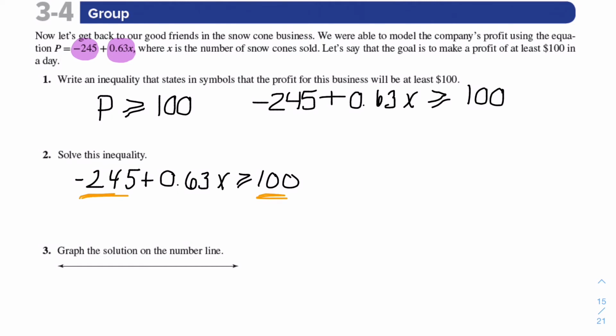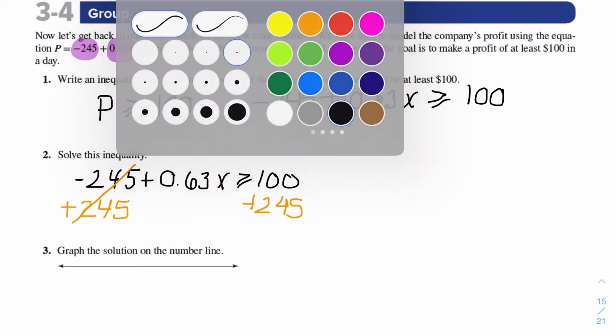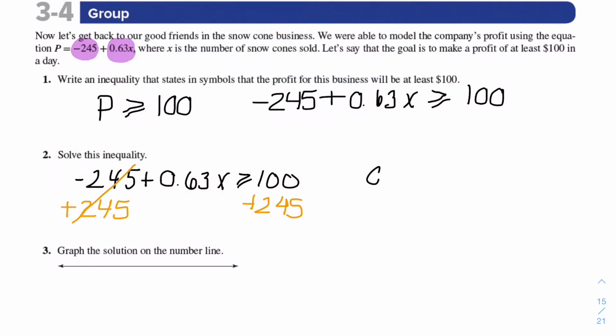First, I'm going to get the x by itself by adding 245 to both sides. That'll make these cancel, and then we'll just get a number times x. So we're left with 0.63 times x needs to be greater than or equal to 345.